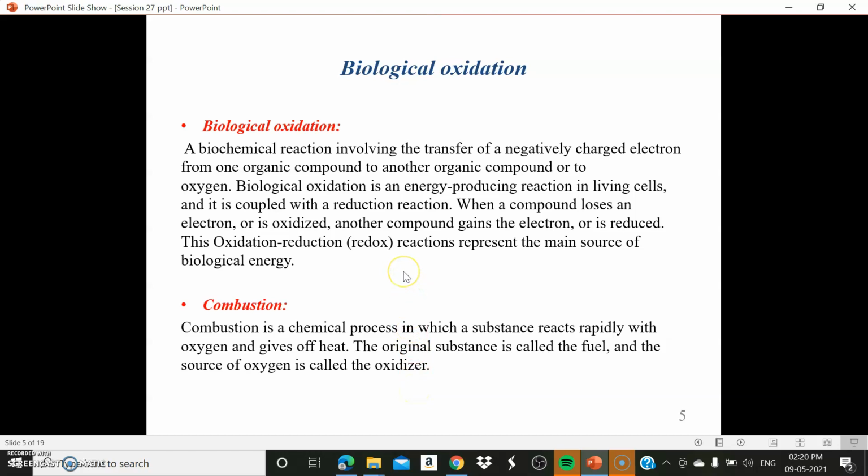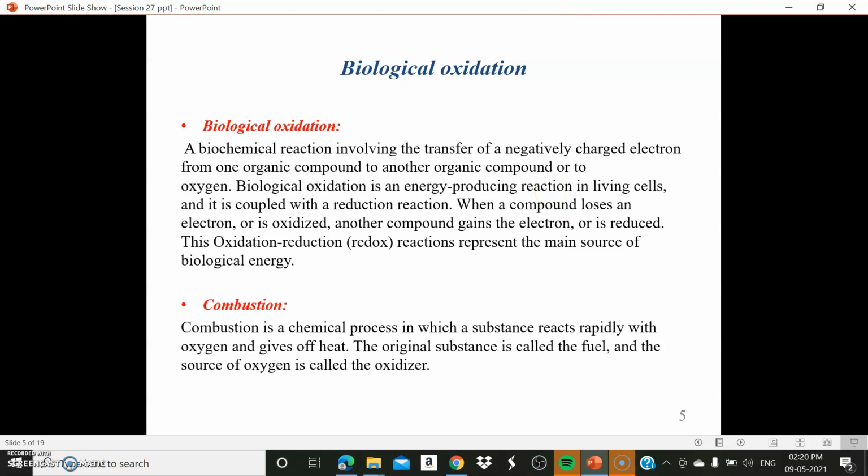In a similar way, how is energy released in our biological system? It is released by transfer of a negatively charged electron from one organic compound to another organic compound or to oxygen, and a lot of energy is produced in the living cell.